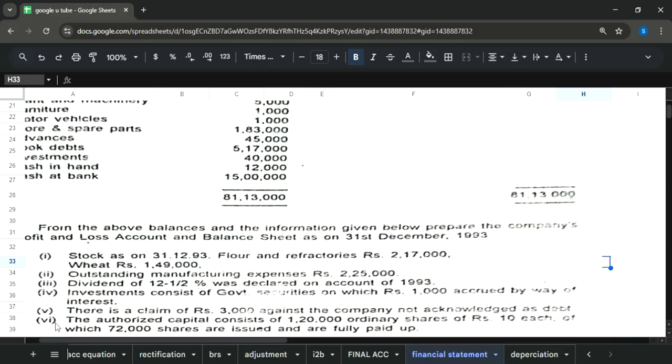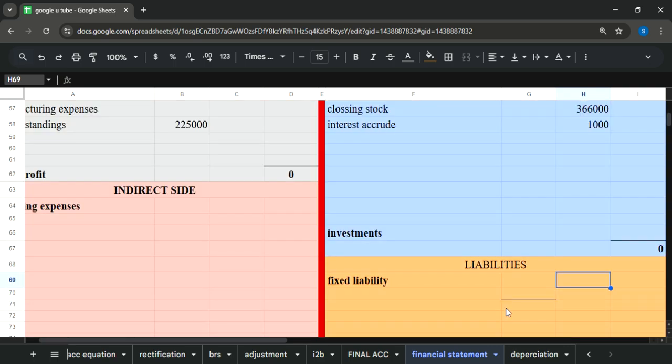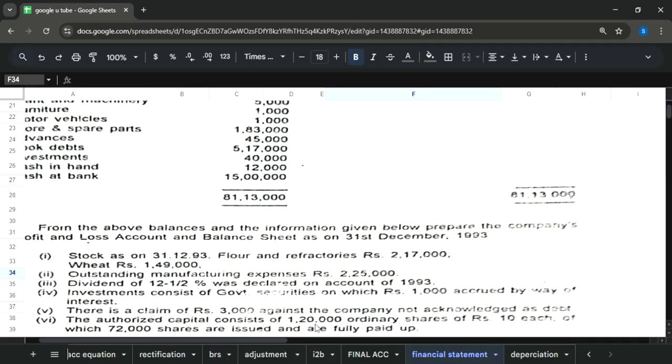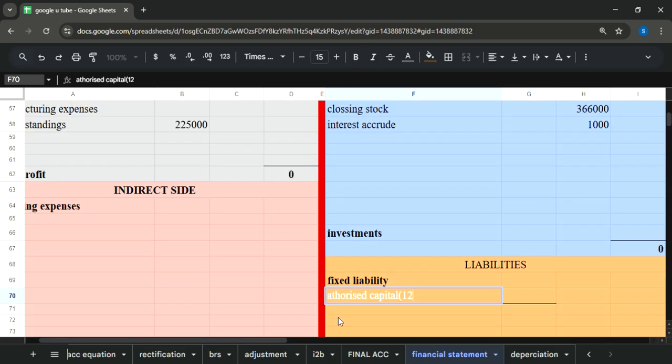After that, number 6 is authorized capital 120,000 shares, 10 each. So we'll go to fixed liability side, and here first we will mention authorized capital. Authorized capital is nominal capital. We are not going to add this amount in real, and that is 120,000 of 10 each.